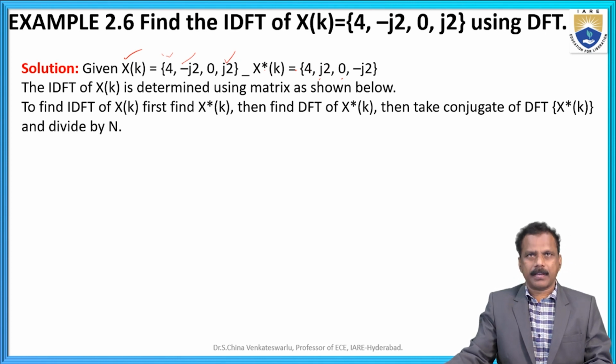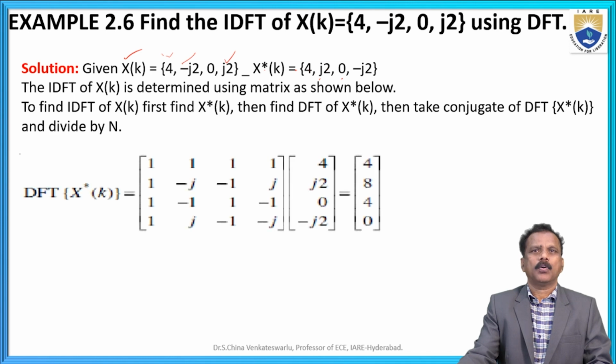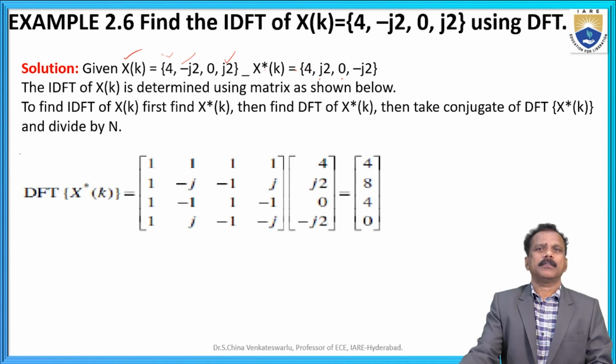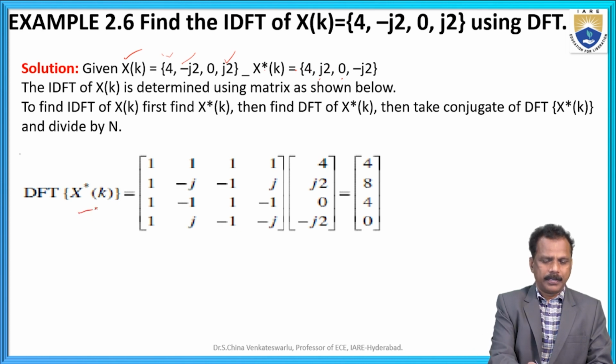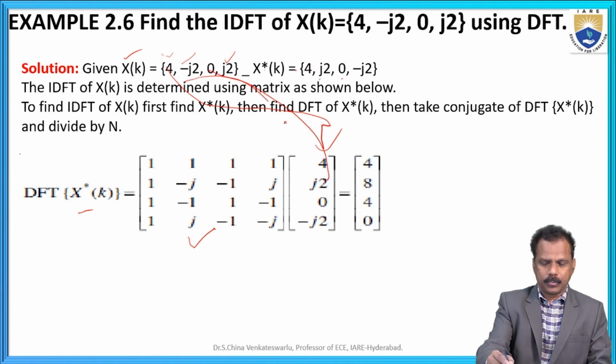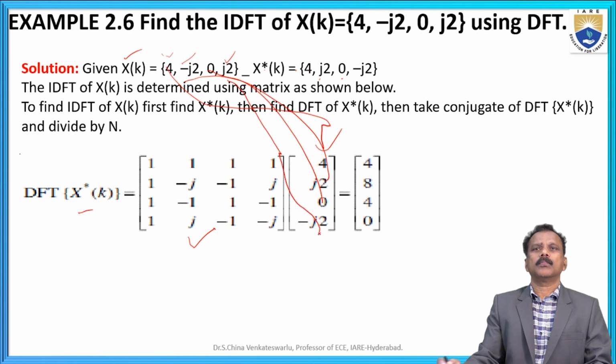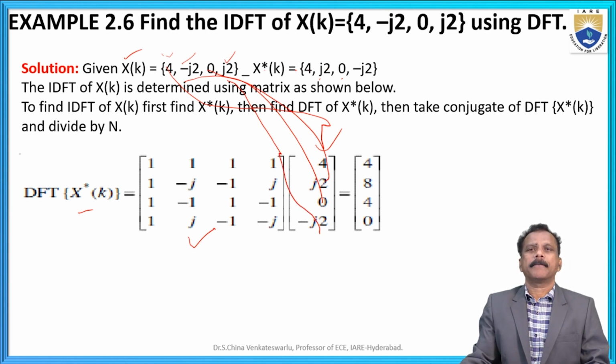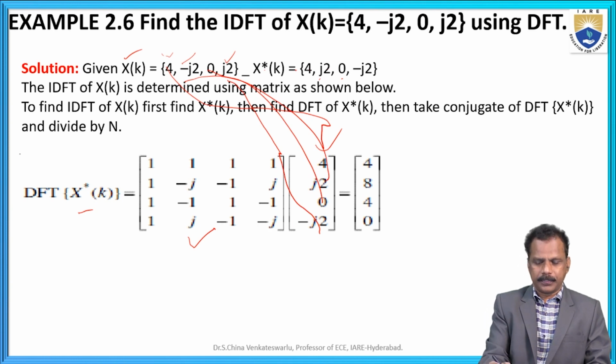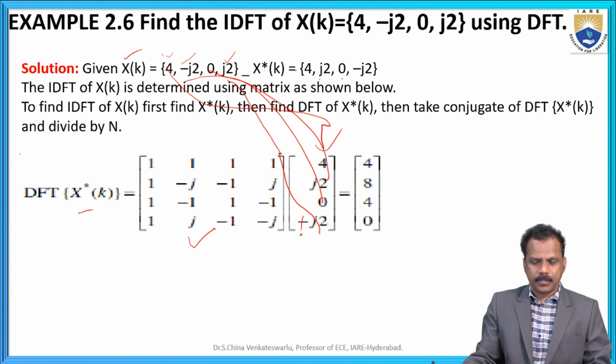Okay, so we will try to verify how this works with the DFT and IDFT using this particular example 2.6. Now we know the DFT matrix is multiplied with this value x of k, 4 minus j2, 0 plus j2. Here the polarities are changed, minus j2, here it is plus j2.